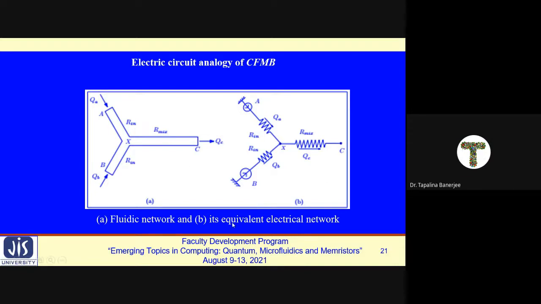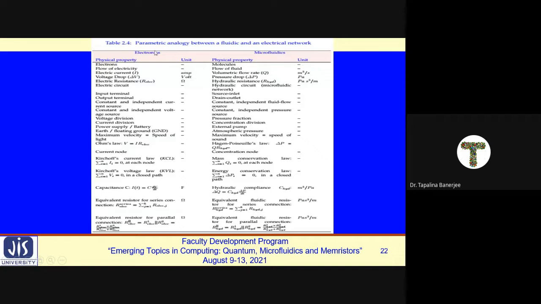So, in this way, we can map the fluidic network into its equivalent electrical network. Here we can see one parametric analogy between a fluidic and an electrical network. On the left hand side, we have considered most of the electronic physical properties, and the corresponding microfluidic properties are on our right hand side along with the units.